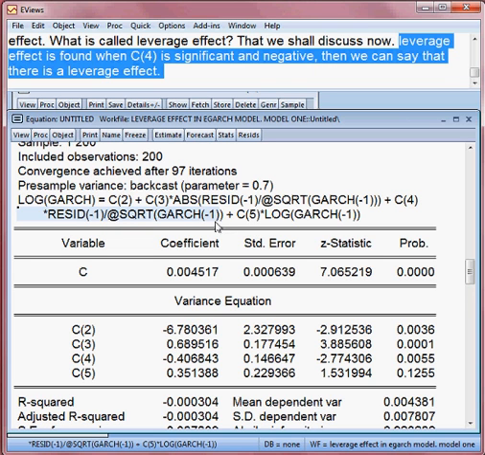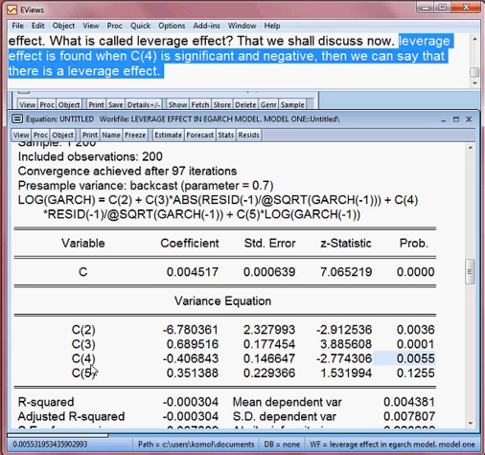And this C4 has a negative sign, and also the p-value is very small, meaning that it is also significant.